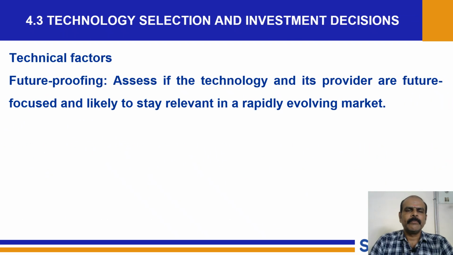Future proofing. Assess if the technology and its provider are future focused and likely to stay relevant in a rapidly evolving market. One simple case: we have purchased a technology having done all sorts of evaluation, and after some 1 month or so that supplier has completely shut down their business. They never had any sort of future plans and they shut down.